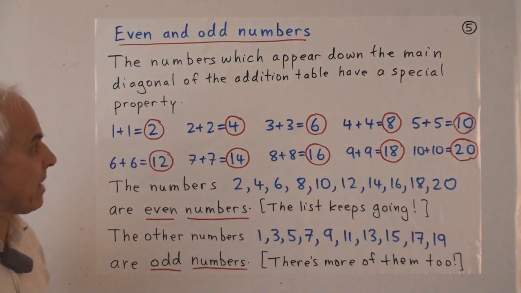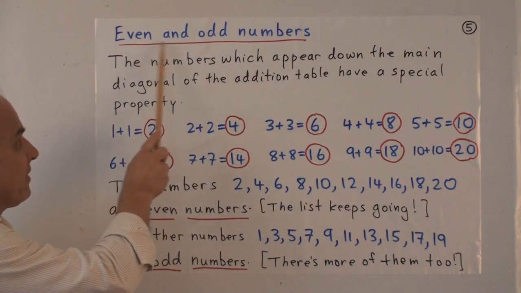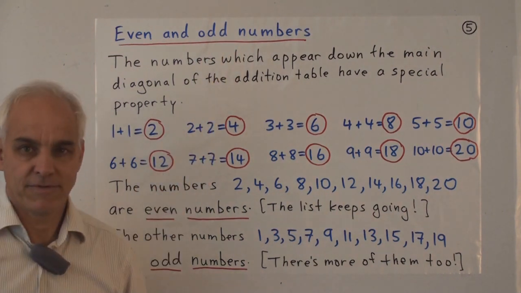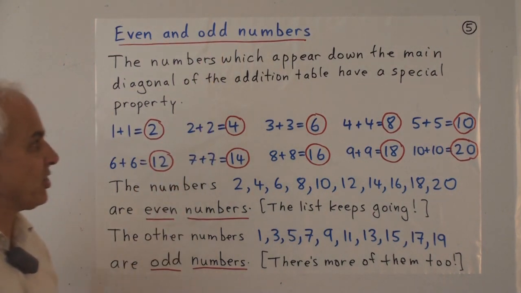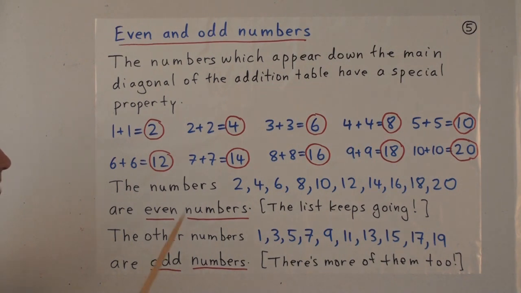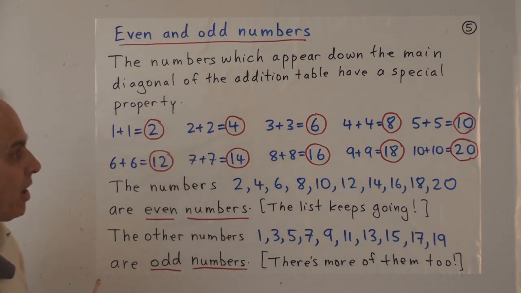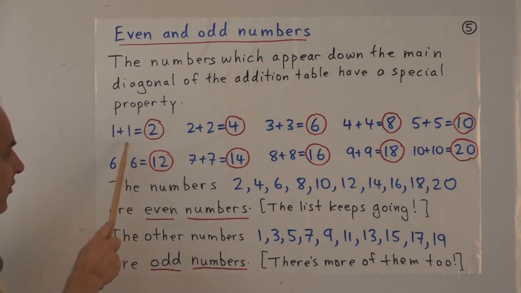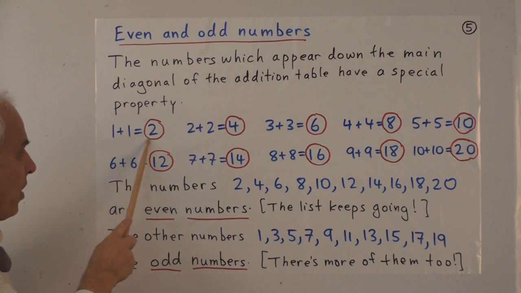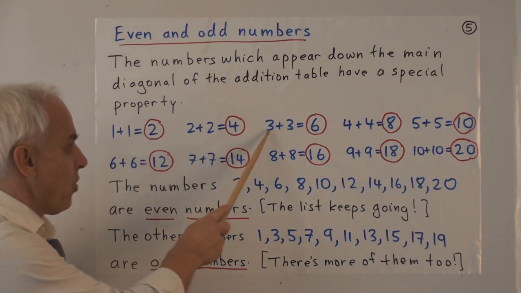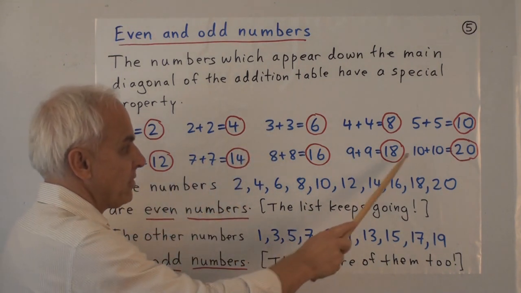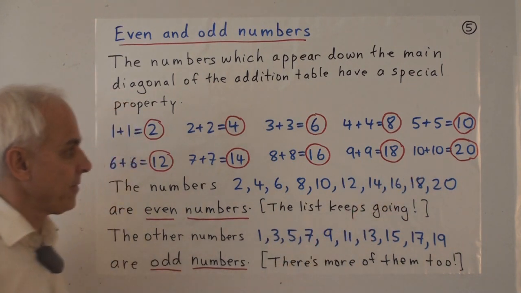A very important example of that is the distinction between even and odd numbers. Very important distinction. So the numbers which appear down the main diagonal of the addition table have a special property. They're the numbers that we get by adding 1 plus 1, or 2 plus 2, or 3 plus 3, all the way up to 10 plus 10.